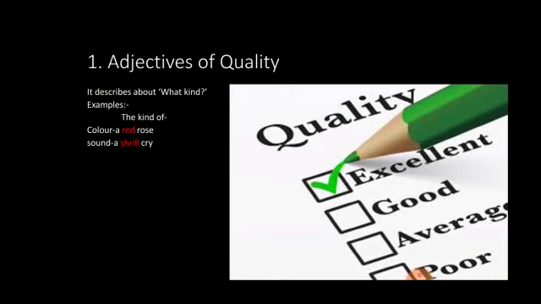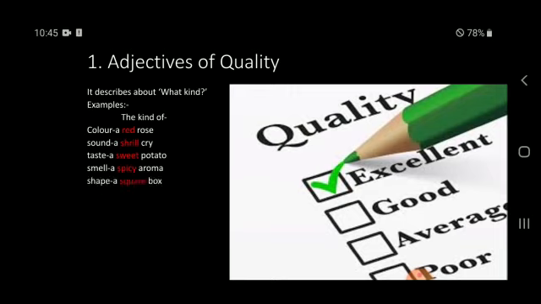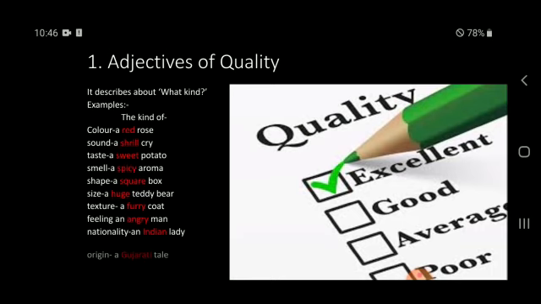Sound. A shrill cry. Taste. A sweet potato. Smell. A spicy aroma. Shape. A square box. Size. A huge teddy bear. Texture. A furry coat. Feeling. An angry man. Nationality. An Indian lady.